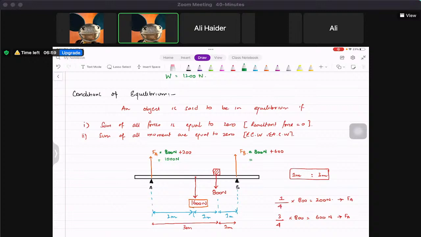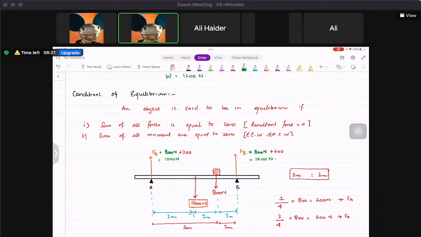Is it clear, everybody? Yes, sir. Just a bit tricky, but you should remember, just apply inverse ratio. The greater number gives the greater force where the object is closer to that pivot, and the lesser force where the object is away from it. Is it clear?